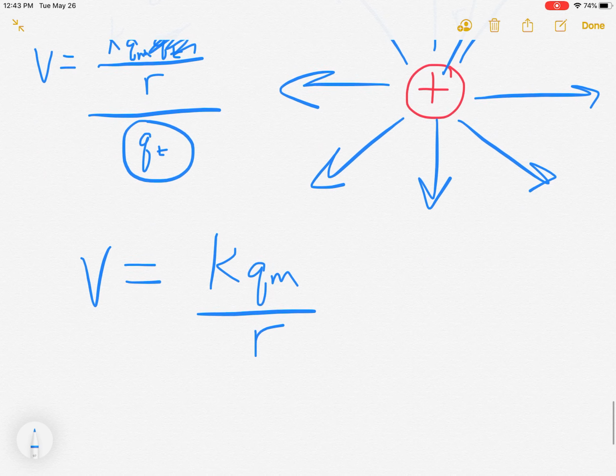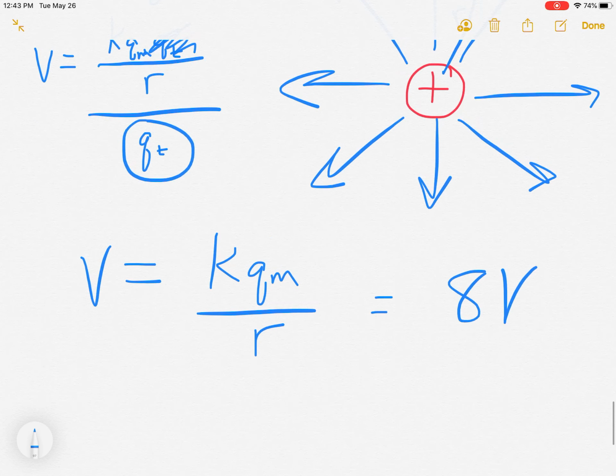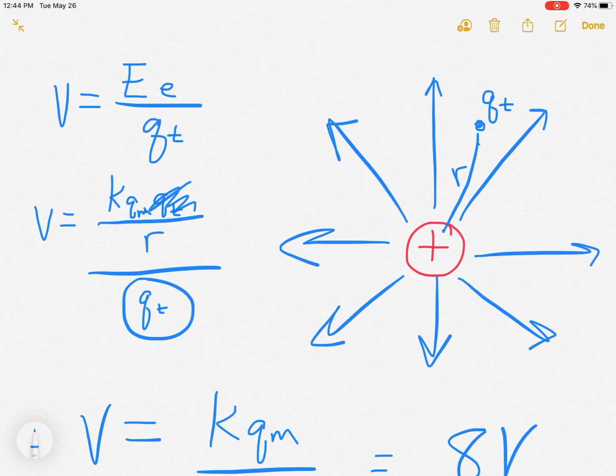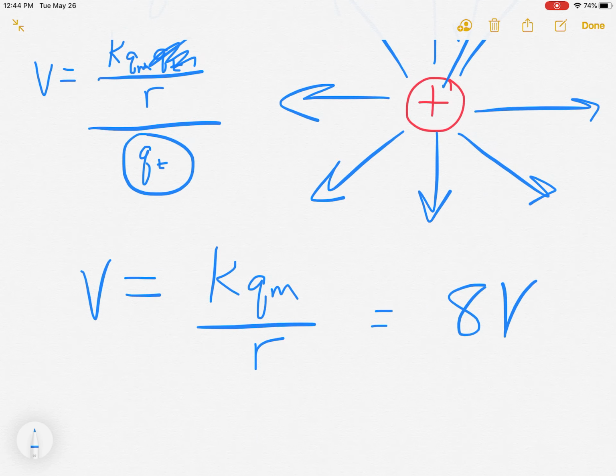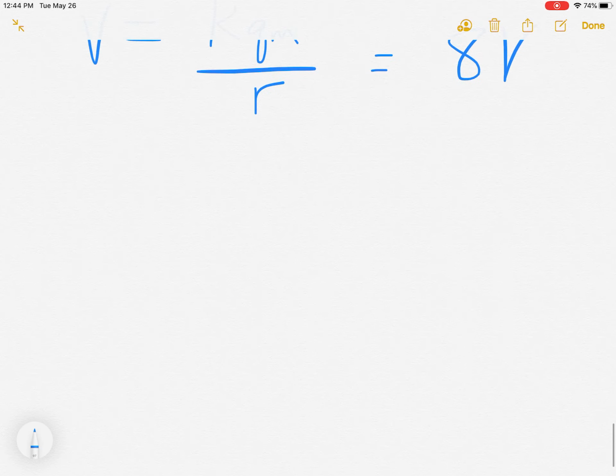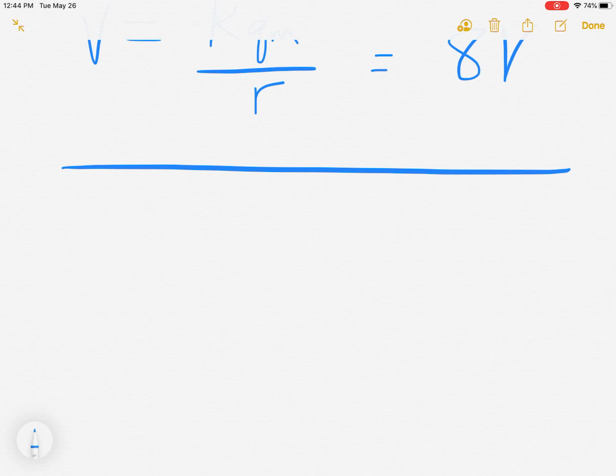So what we mean when we talk about voltage is, let's say it came out to 8 volts. What 8 volts means is that there would be 8 joules of energy for every coulomb that you drop in that spot. So that's what volts means. It's joules per coulomb. And it's a little bit tricky to get your head around. But once you think about the bulk barn and how that works, you kind of get the idea.